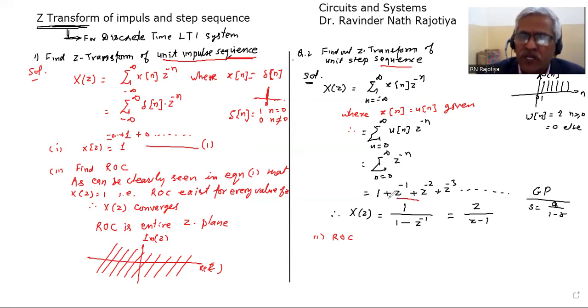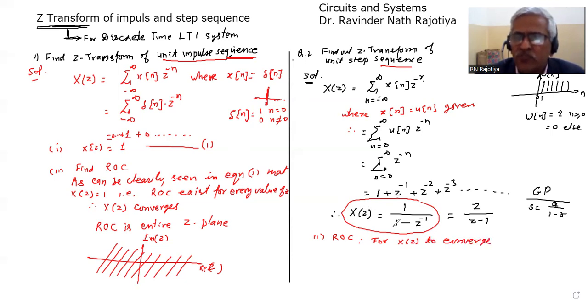And for the ROC, I will take this particular equation. What is the region of convergence? For X of z to converge, this part, z power of minus 1, should be less than 1.